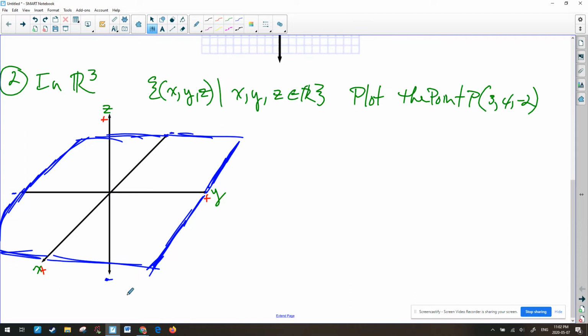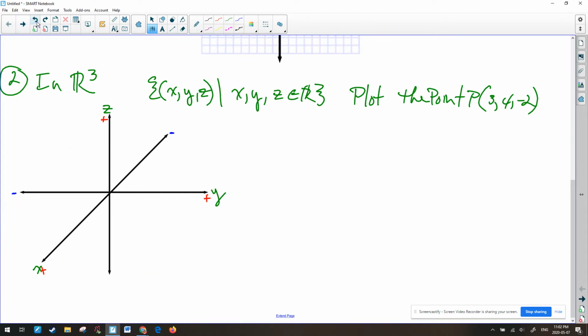So x and y form the horizontal plane that you're writing upon if you're writing on a horizontal desk, and the z-axis pierces that, goes straight up and straight down. That is how those are oriented, and it's really important that we understand that and that we are consistent in that. So coming back to this point 3, 4, -2.